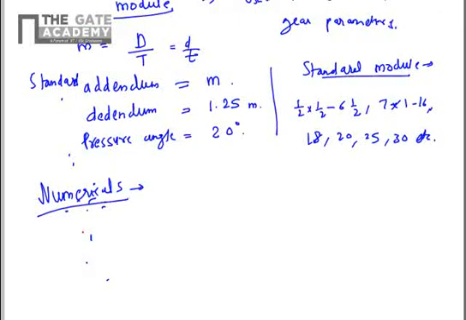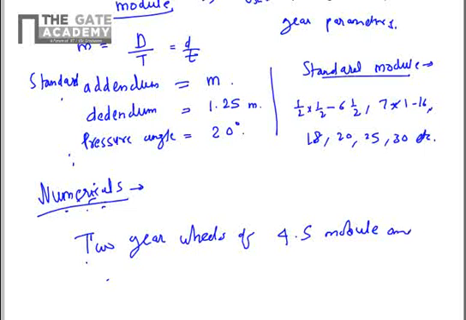So a problem is defined here: two gear wheels of 4.5 module and having 23 and 33 teeth respectively are in mesh.